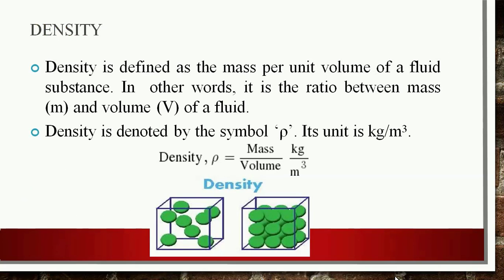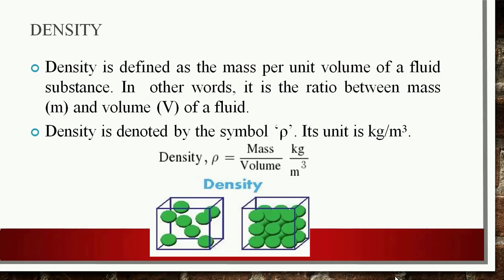First, we will see density. Density is the basic property of a fluid. It is defined as the mass of a fluid substance per unit volume. It is the ratio of mass to volume.